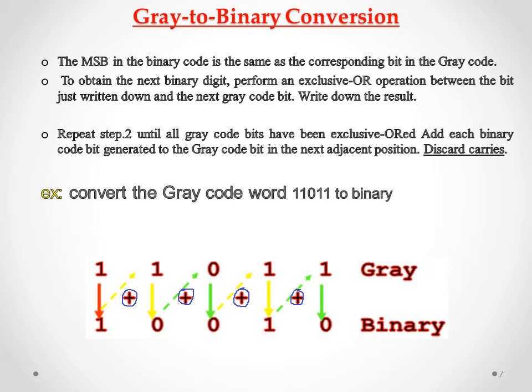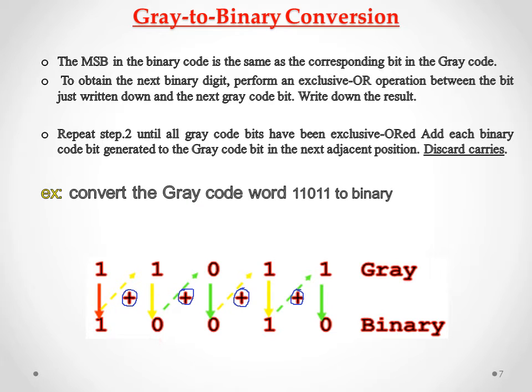Gray to binary code conversion. First, we write the MSB of the binary code the same as the corresponding bit in the gray code. So the MSB position of binary code and gray code is the same. Then, to obtain the next binary digit, perform an exclusive OR operation between the bit just written down and the next gray code bit, then write down the result.